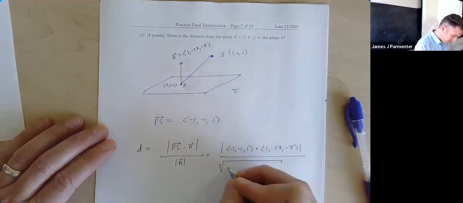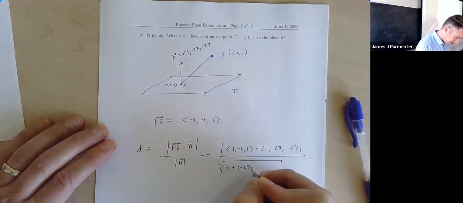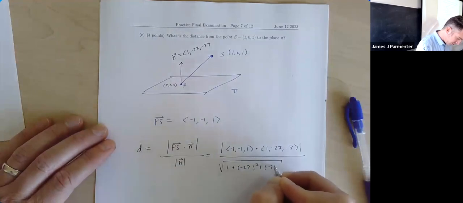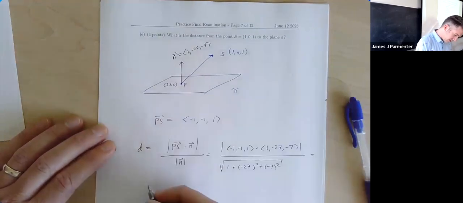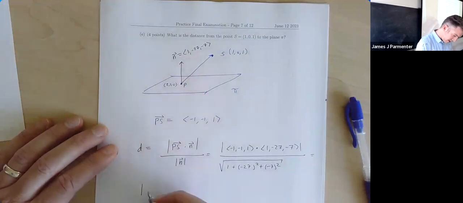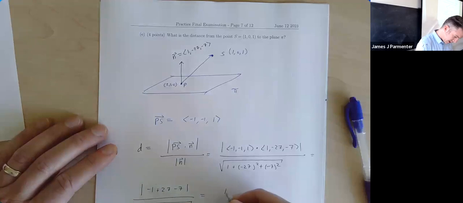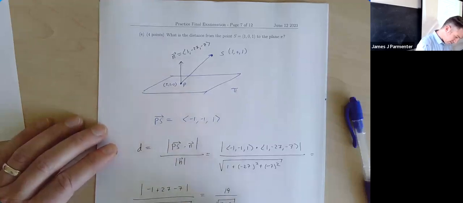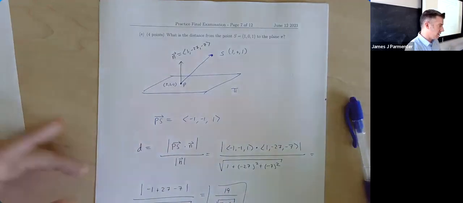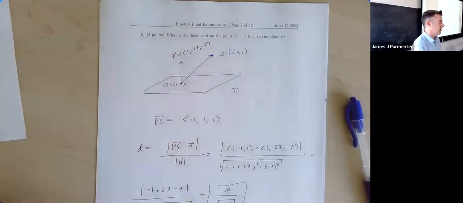It's just the square root of 1 plus negative 27 squared plus negative 7 squared. So we get the absolute value of -1 plus 27 minus 7 all over the square root of 1 plus 729 plus 49, which is 19 over the square root of 779. I don't think you need to simplify that bottom part.